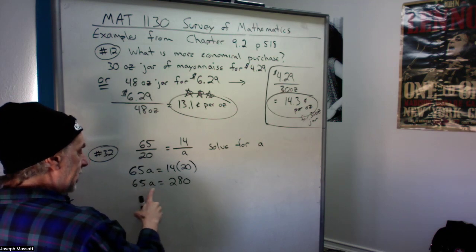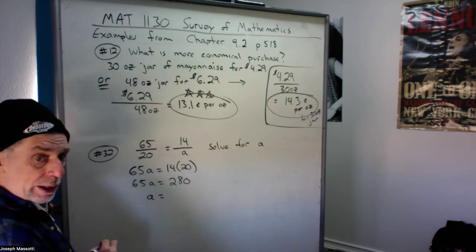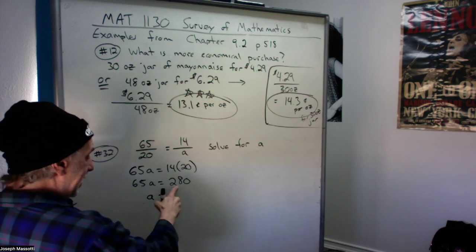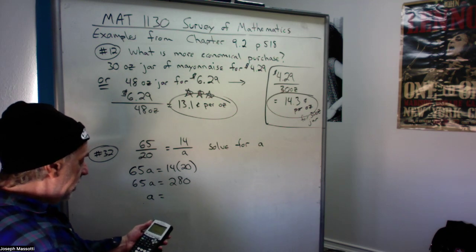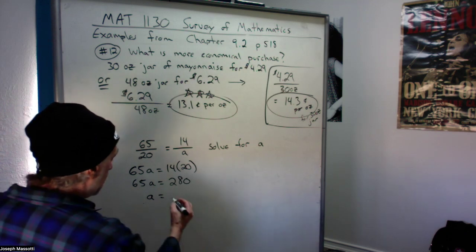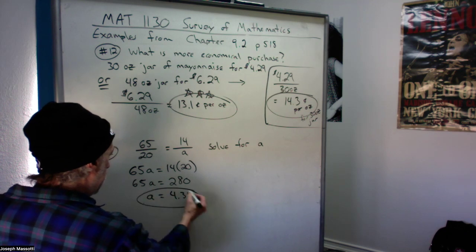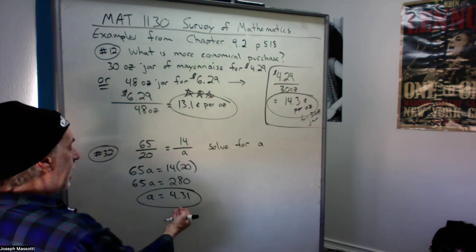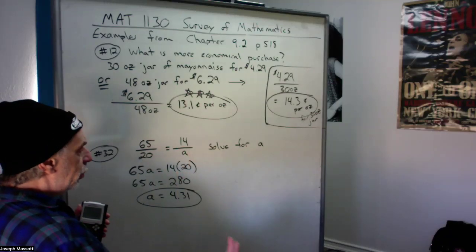I divide this side by 65, I get the variable that I'm trying to solve for. 280 divided by 65, and that's going to give me, rounded to 2 decimals, 4.31.